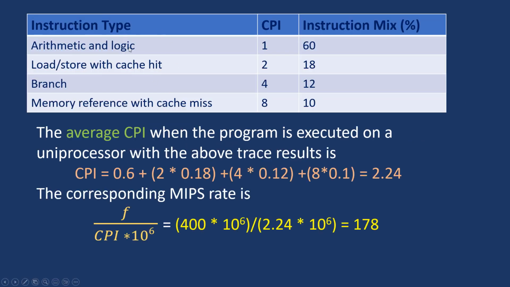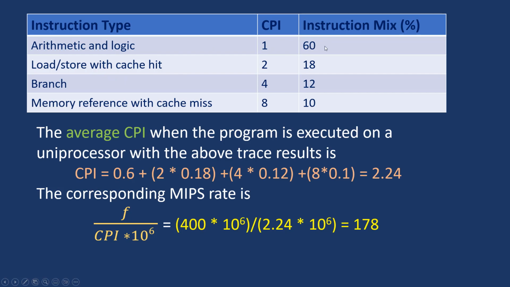Here is the table, with the detailed data. Instruction type: arithmetic and logic. Cycles per instruction is 1, and the instruction mix is 60%, so this kind of instruction takes 60%.